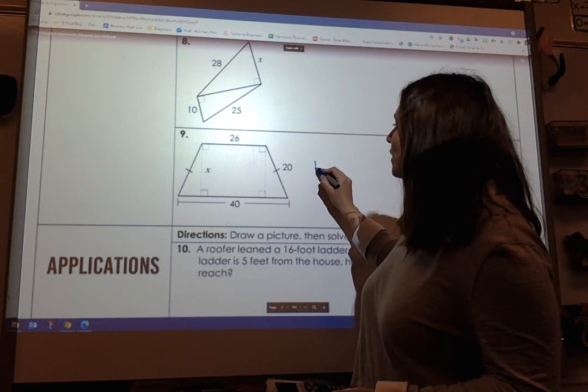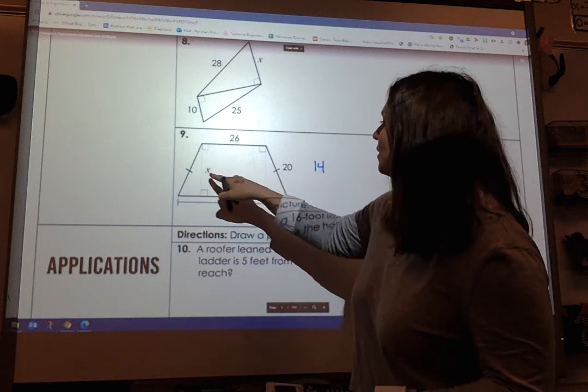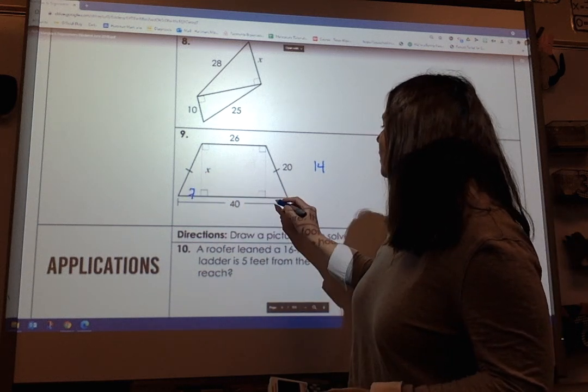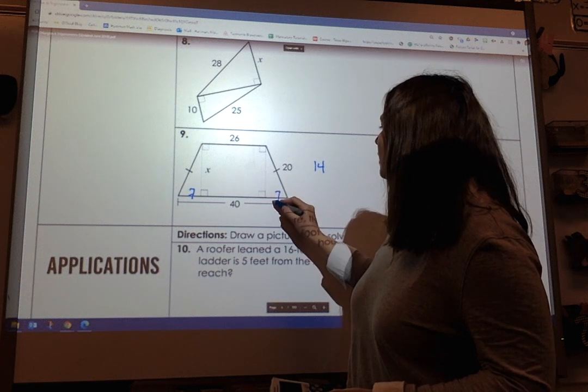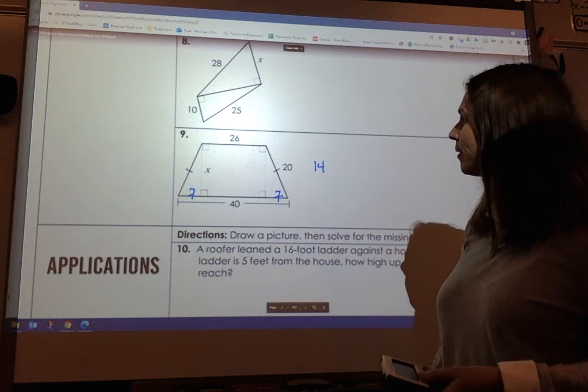So 40 minus 26 is 14, and then these are the same because it's an isosceles trapezoid. So this is going to be a length of 7, and this is going to be a length of 7. So 7 plus 7 plus 26 is the whole length.